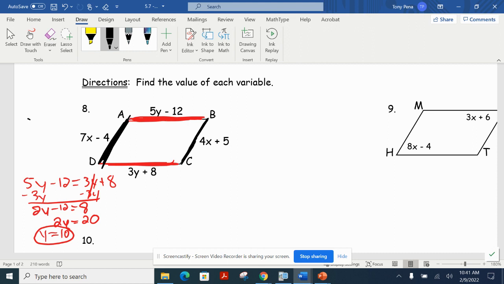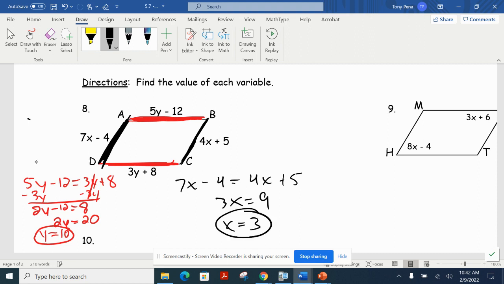And opposite sides have to be congruent. So the same exact thought process, the 7x minus 4 has to get set equal to the 4x plus 5. And then that's our equation that we would go through, solve for x. All right. So I'll subtract the 4x over, add the 4 over the other side. And then our x is 3.